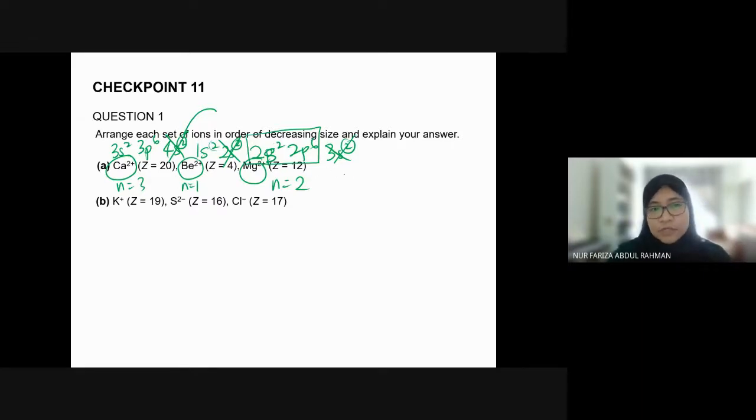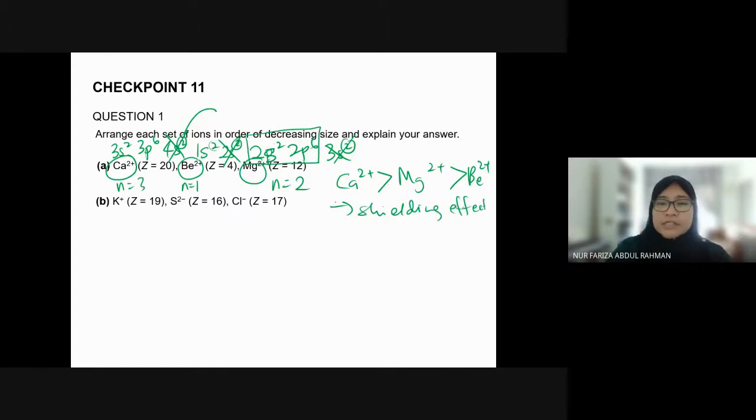Okay, alright. So if we were to arrange them, the largest will be calcium 2 plus, followed by magnesium 2 plus, and then beryllium 2 plus. Okay. This is due to shielding effect. You have to mention it in terms of going down the group.